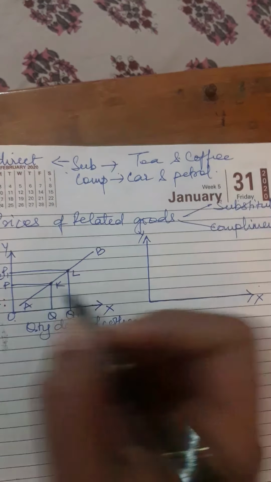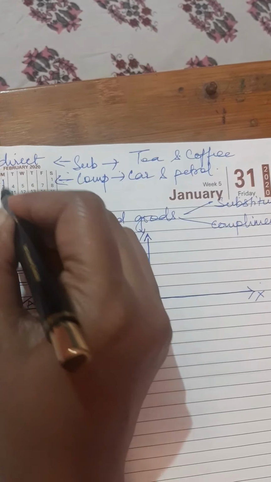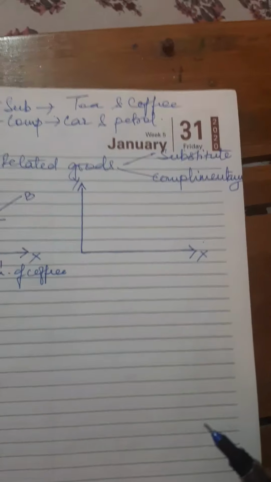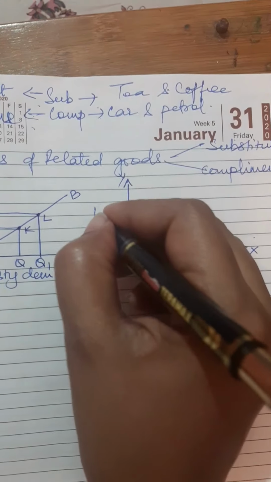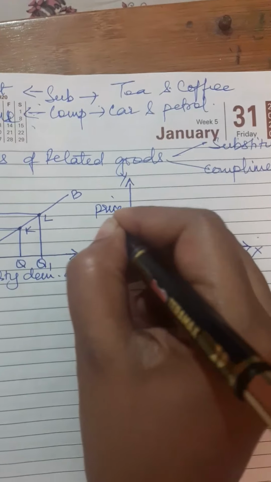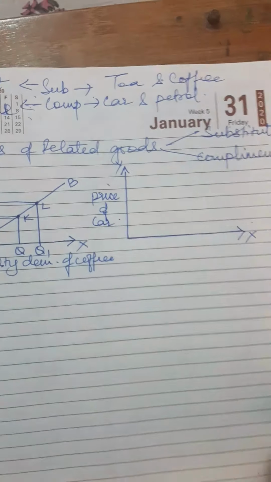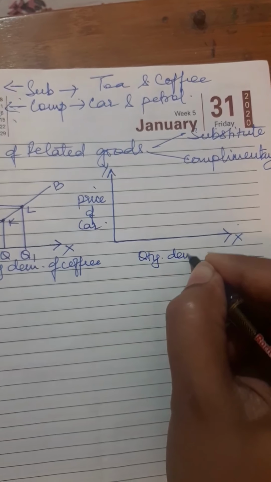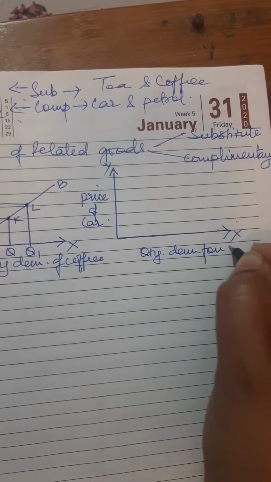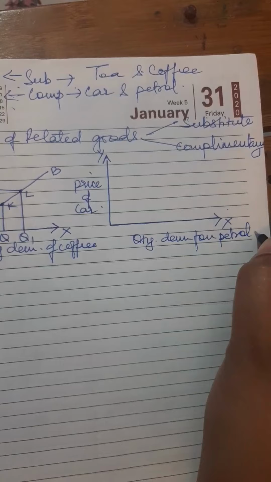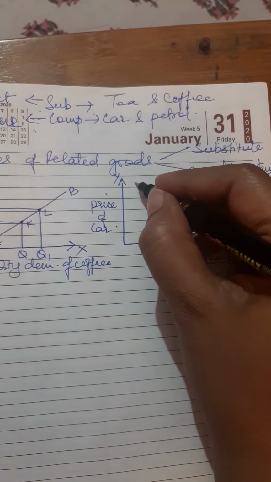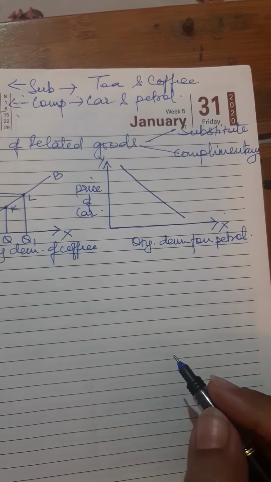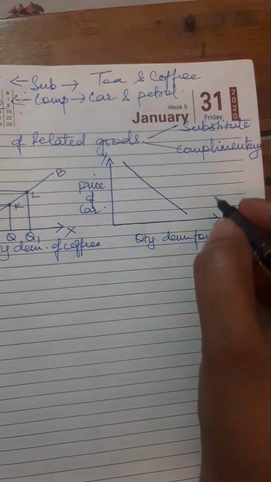So here we get an inverse relationship for complementary goods. Let's prove how. If I take here the price of car on the y-axis and quantity demanded for petrol on the x-axis, let's draw a curve which is negatively sloping, which shows the inverse relationship between price of car and demand of petrol.